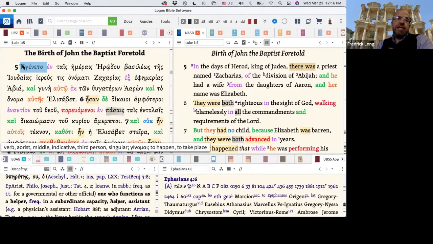As we'll see in chapters 1 and 2, there's a lot of Jewish history and religious traditions called upon, and the style is more paratactic. Paratactic means that sentences are put next to other sentences in an equal kind of fashion. This happened and this happened, next this happened, and this kind of thing.